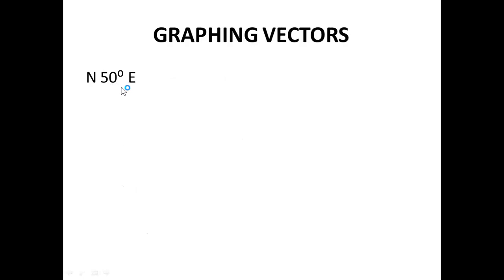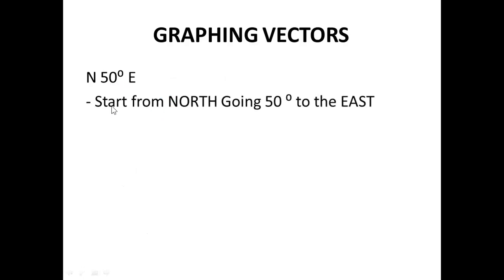North 50 degrees east: we start from north going 50 degrees to the east. So we have this vector representation.